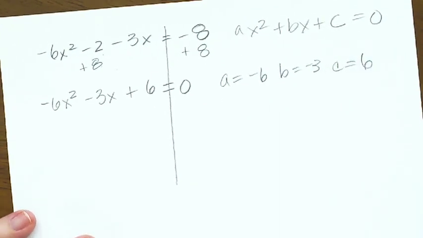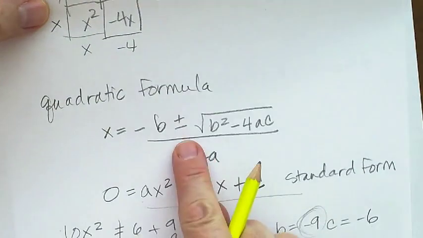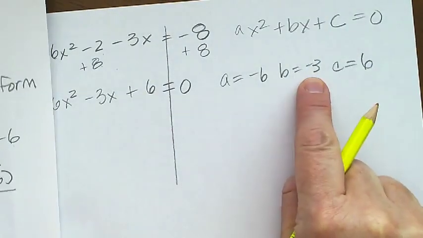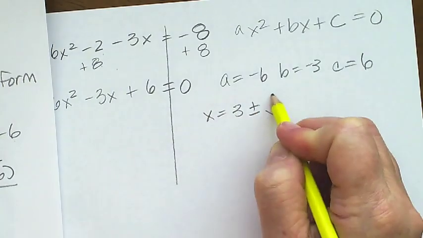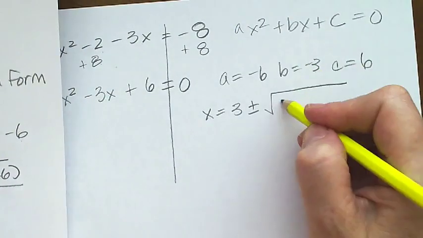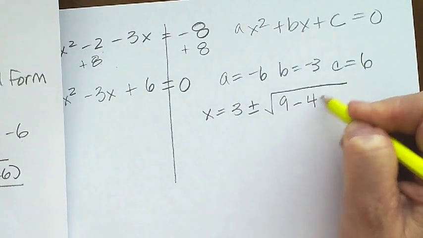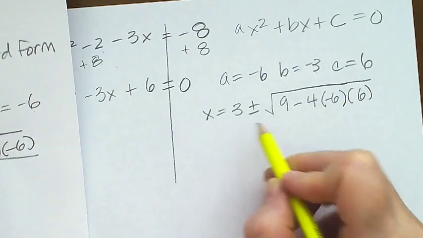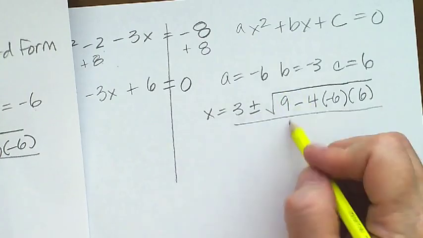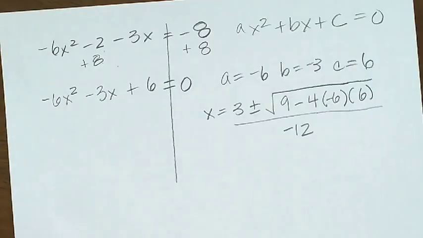So when I substitute into the quadratic formula, negative b, the opposite of b, would be positive 3, plus or minus the square root of b squared minus 4ac. So b squared is going to be 9 minus 4 times negative 6 times positive 6, over 2 times negative 6, which would be negative 12.